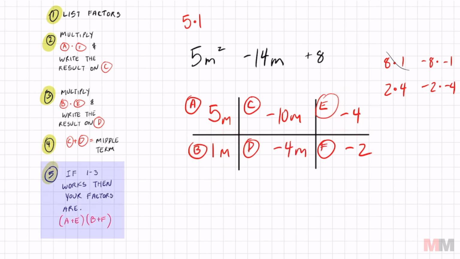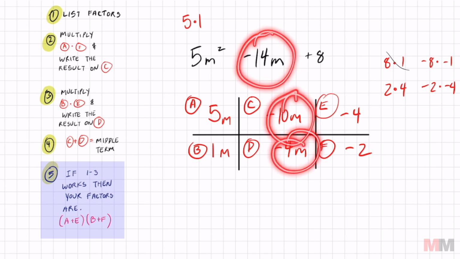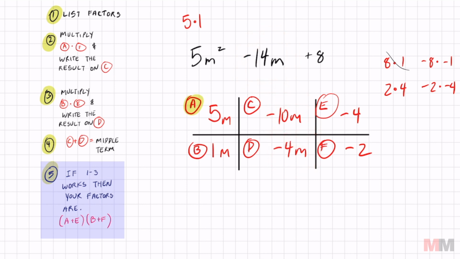So you can't just cross it off. You gotta try the flip-flop version of it, because the flip-flop version for this one worked. So once you got those numbers and they check out, I'm gonna lock A, B, E, and F, and you just gotta read it across. One of my factors is 5m minus 4, and my other factor is 1m minus 2. So that worked out.